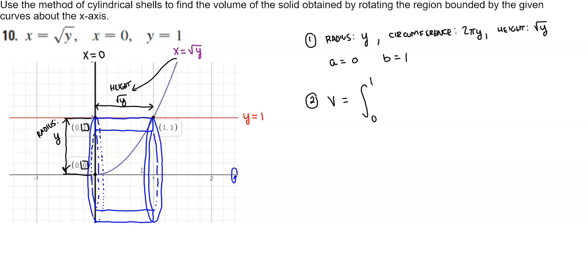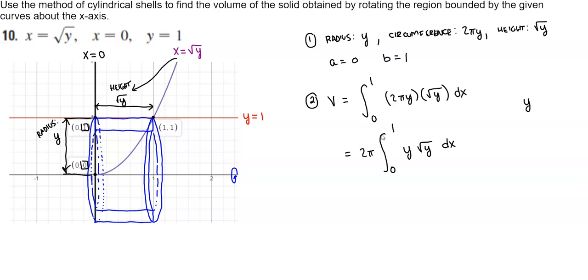We take the circumference, which is 2 pi y, and we multiply by its height, which is the function, the square root of y, times the thickness, which is dy. Now we can factor out the constant, which is 2 pi. And what we have left is y times the square root of y dy.